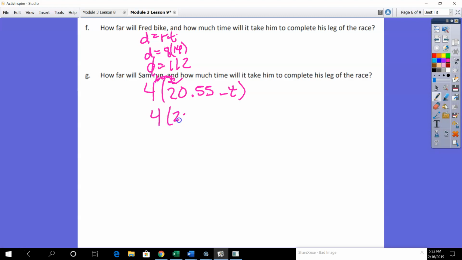So Fred's time, we found out, was 14. So then 4 times (20.55 minus 14), which is 6.55. And so then when we multiply, we get 26.2 is the number of miles. Okay, and that is all.